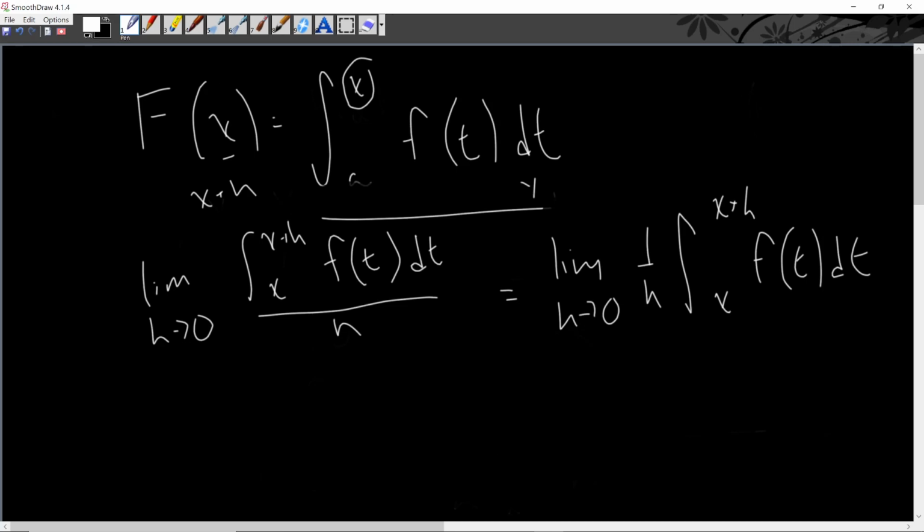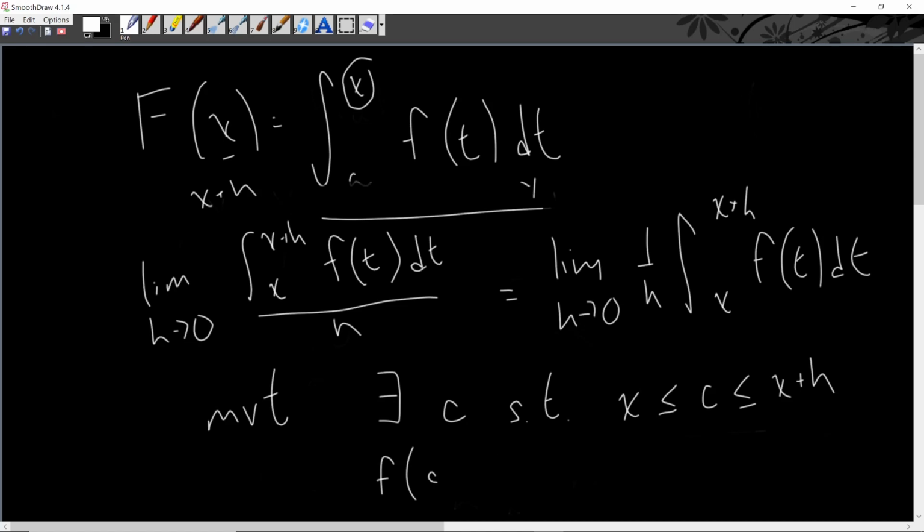The mean value theorem, at least for definite integrals, states that there exists, that backwards e is just there exists, a c such that, if x to x plus h is some type of interval, then c has to be in the interval, and f of c times h is equal to the integral from x to x plus h of f of t dt.